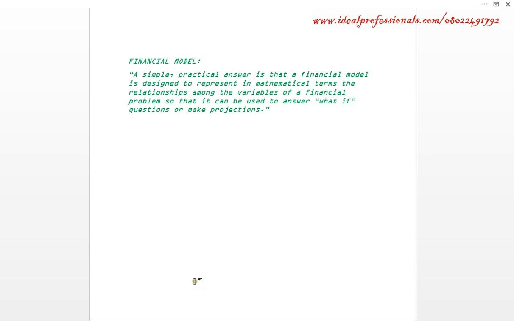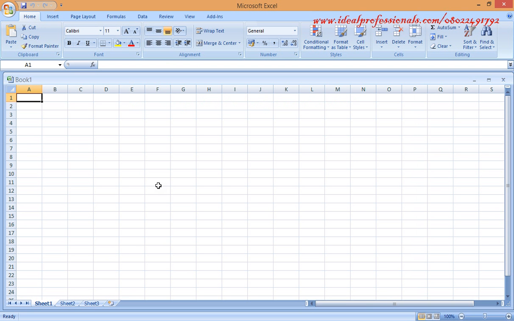So let's look at a simple example. This is my spreadsheet. I want to calculate, using the spreadsheet, the taxable income. Let's say my taxable income for last year, let's assume, is 50,000.